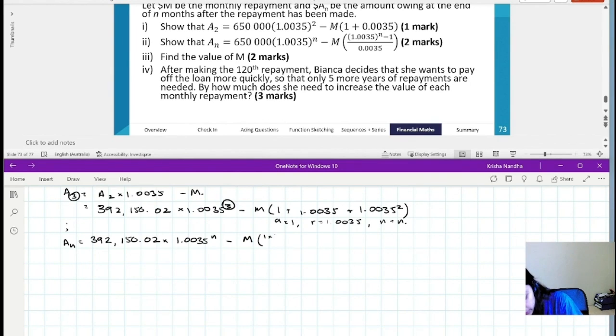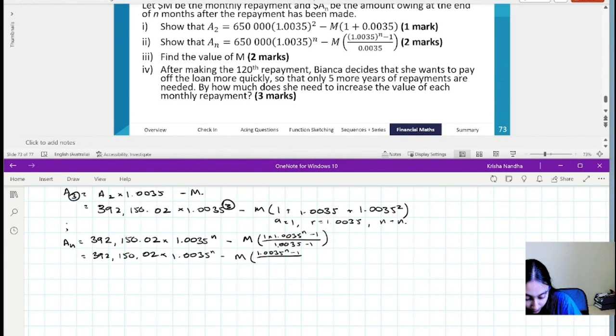So it'll be 1 times (1.0035 to the power of n minus 1) on (1.0035 minus 1). So it'll be equal to 392,150.02 times 1.0035 to the power of n, minus M times (1.0035 to the power of n minus 1) on 0.0035.